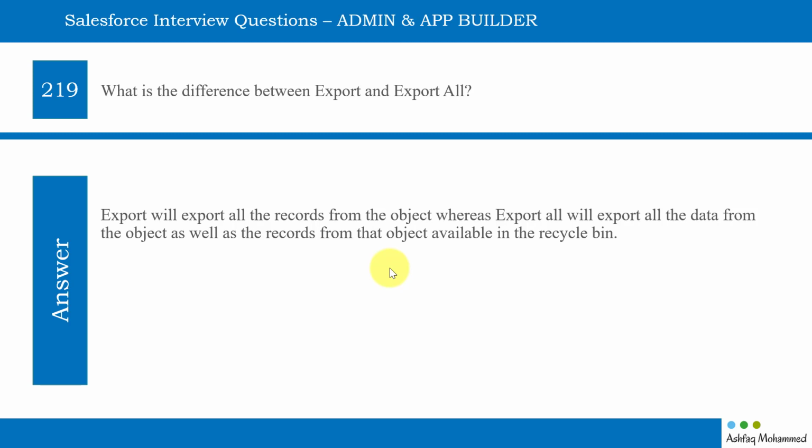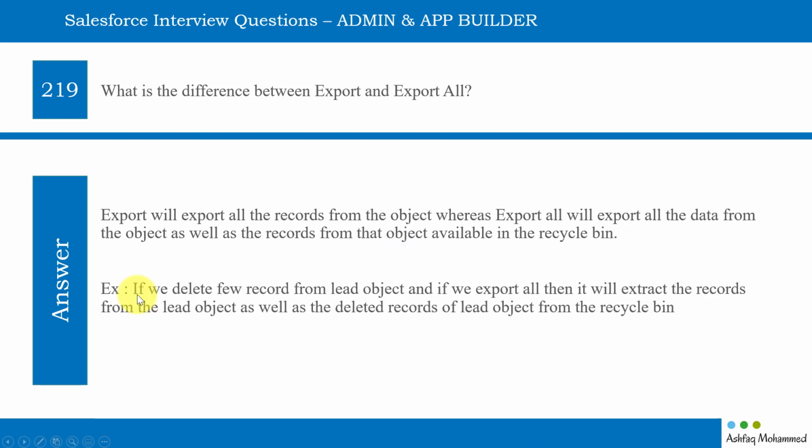It will extract all the available records from the lead as well as all the records from the leads which I have deleted, okay, and which are available in the recycle bin for the lead object. It will extract all those things, okay? As I've explained here, if we delete a few records from the lead object and we export all, then it will extract the records from the lead object as well as deleted records of the lead object from the recycle bin, okay?